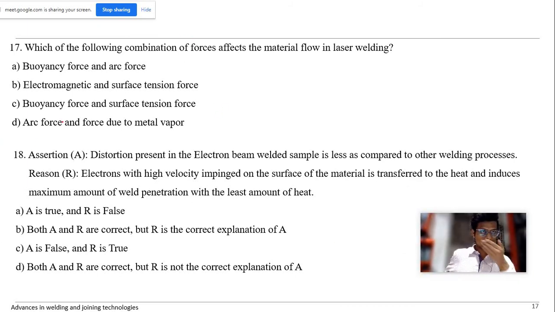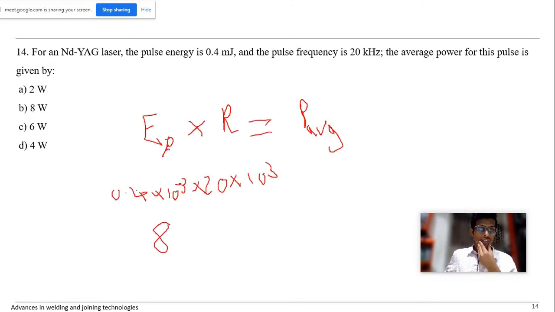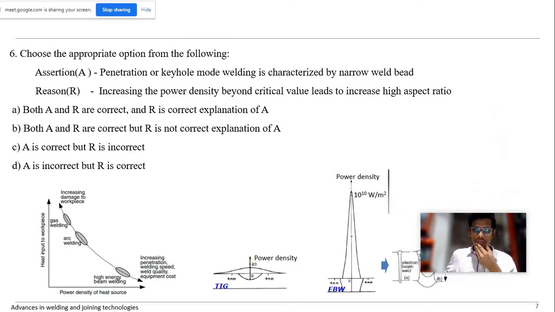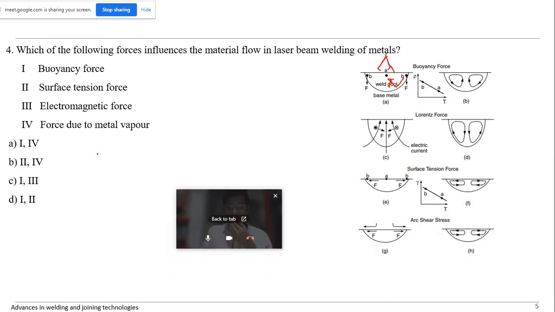This was also initially explained, right? In the first question. For the sake of your understanding, I'm briefing it. Based on the density variation, we get the direction of the buoyancy force, from the extreme to the center. In the Lorentz force, based on the current flow, we get the weld current and electromagnetic field. Based on that, we get the Lorentz force. Surface tension: because of variation in the surface tension across the weld pool, we get the force. And also, I forgot to mention one more point.